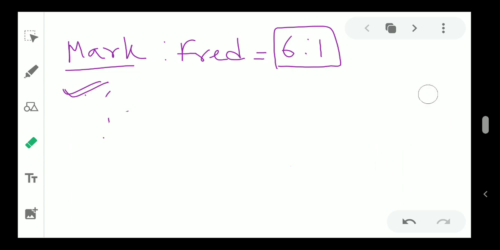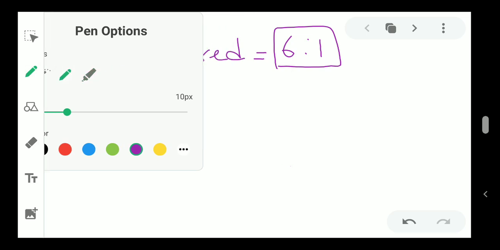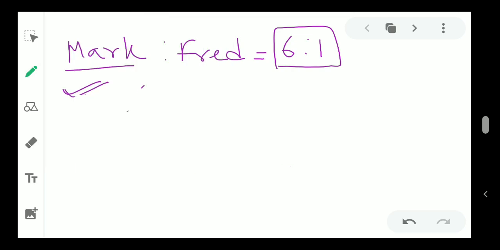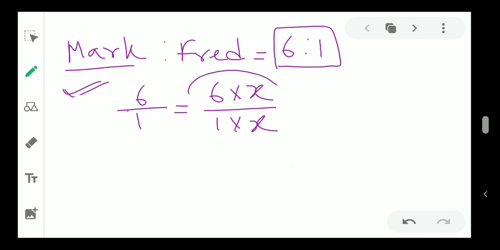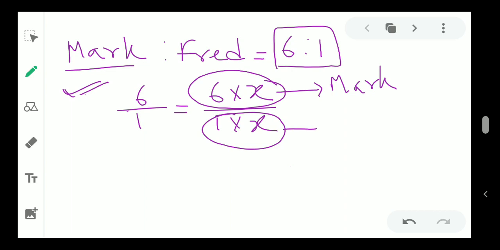So we can say, let us imagine that with 6 and 1 a number x is being multiplied. So that means it was the actual amount of Mark and it was the actual amount of Fred.